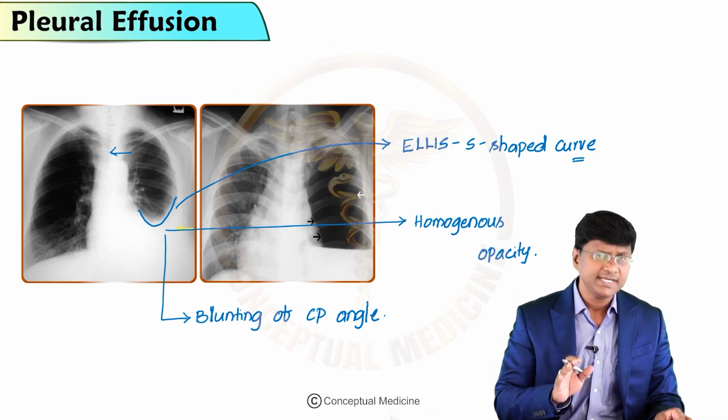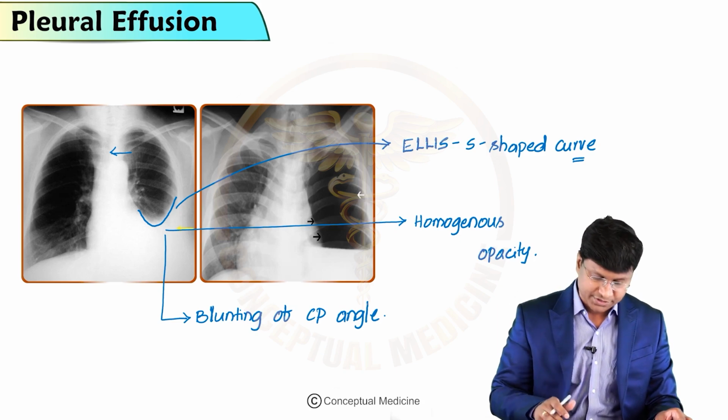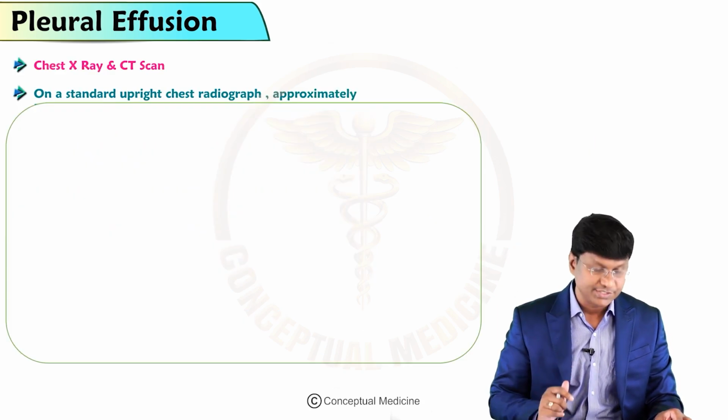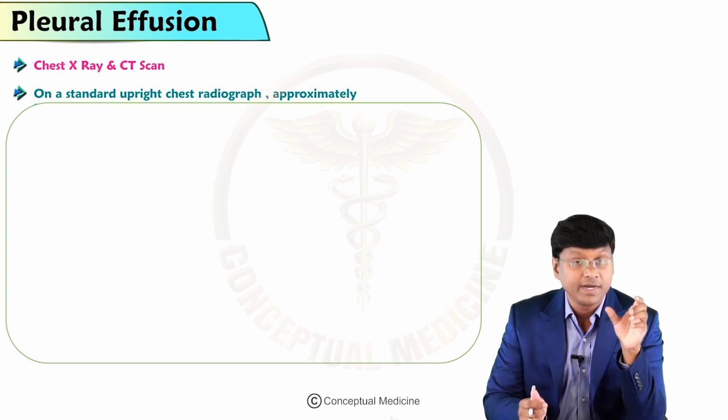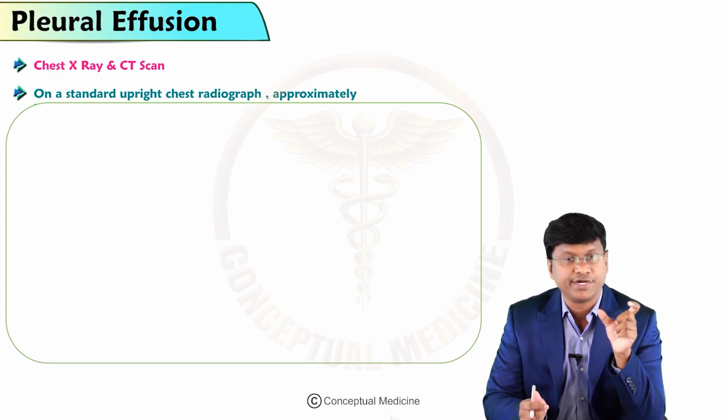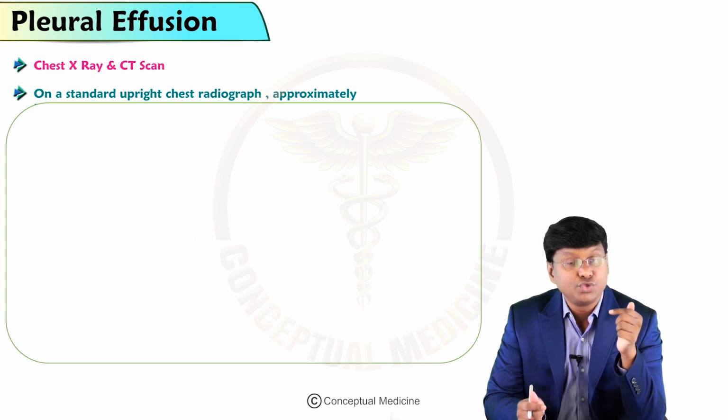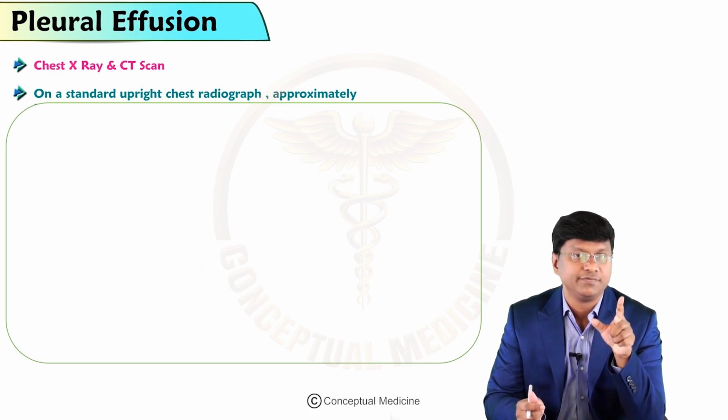Now, there are some important multiple choice questions related to your chest X-ray. The question can be asked like, on a standard upright chest radiograph, what is the minimal quantity of fluid in the pleural space that is required to be visible on the lateral view?